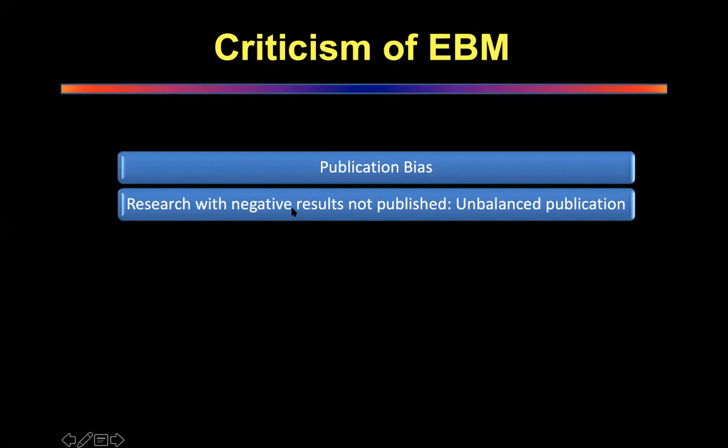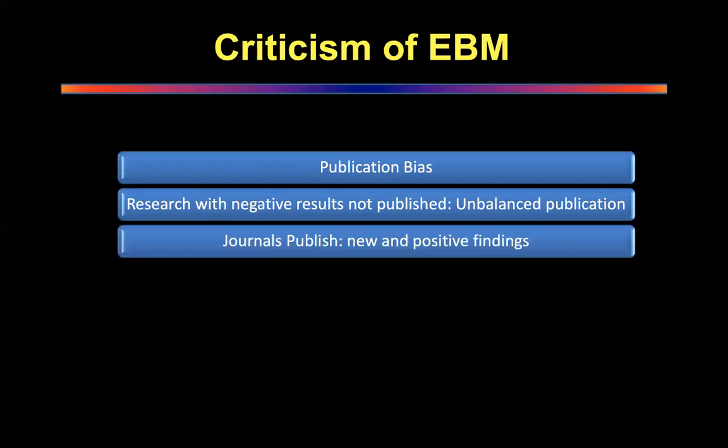Research with negative results is usually not published, either by the author or by the journal. So it's very important to understand that not all papers are good enough to be incorporated into evidence-based medicine. Journals want new and positive findings. They don't want negative findings. Only the good journals look at negative findings, and actually negative findings are very important.